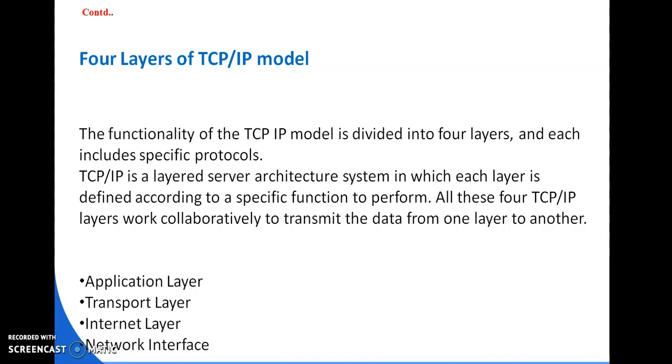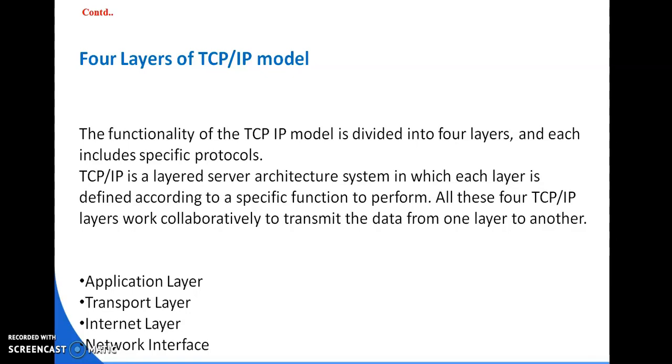It defines the details of how data should be sent using the network, and it also includes how bits should optically be signaled by hardware devices which directly interface with a network medium like coaxial, optical fiber, or twisted pair cables.